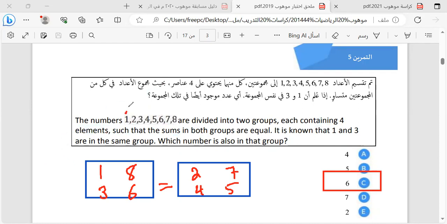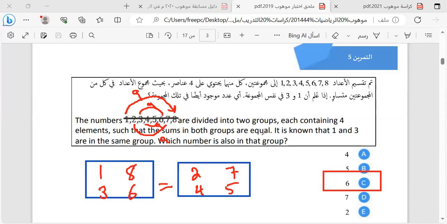So the smallest one with the biggest one: you add 1 plus 8, then 2 with 7, 3 with 6, 4 with 5. Then all of them equal 9. So when you add them, you get the same answer.